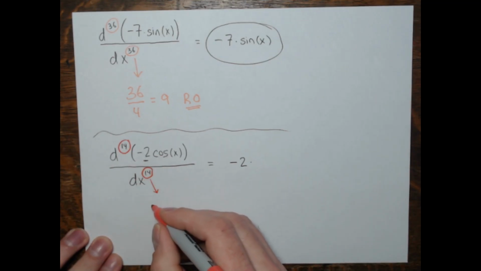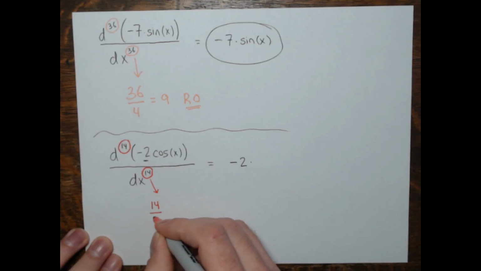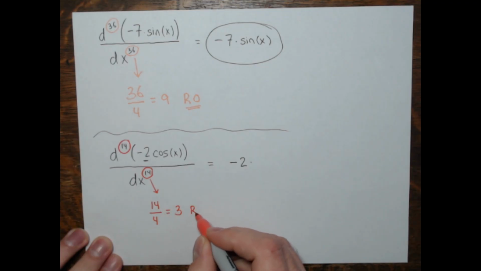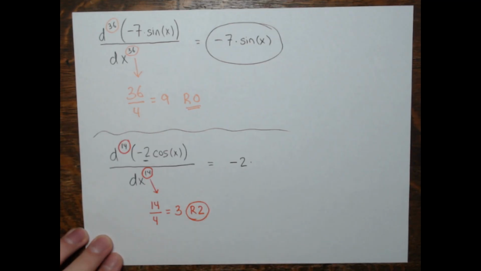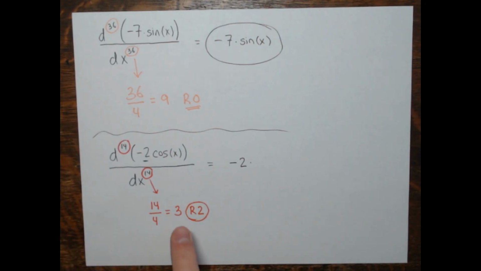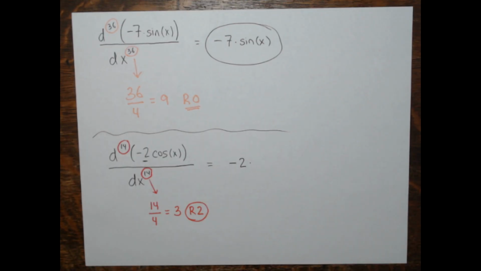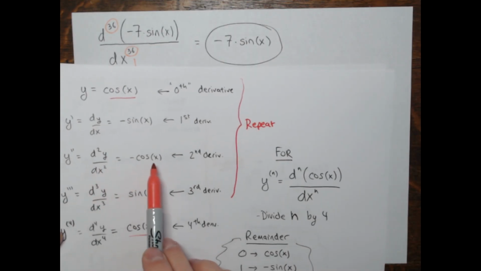Like I was saying, with these sines and cosines, take 14, divide it by 4. 4 goes into 14 3 times with a remainder of 2. That's the key. 3 times 4 is 12 with 2 left over to make 14. So that means the 14th derivative of cosine is just like the second derivative of cosine, which would be negative cosine. The derivative of cosine is negative sine, which gives negative cosine after that. I have that on this page once again: the second derivative is negative cosine.